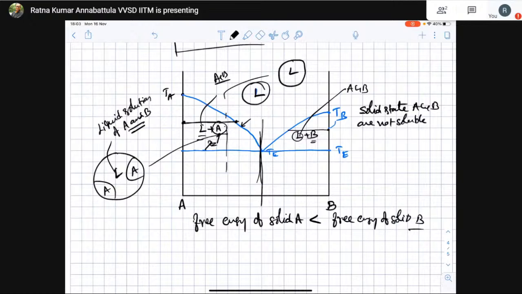So the key is the free energy. The free energy of solid A is less than that of solid B, and hence only solid A forms. However, after this composition, the free energy of solid B is lower than that of solid A, and hence only solid B forms. Did I answer that question?